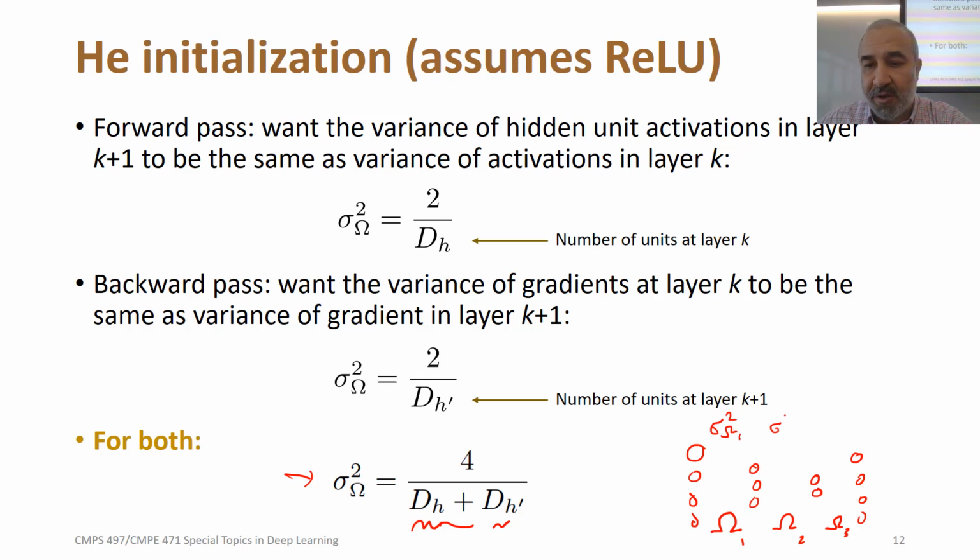How to set sigma square of omega 1, sigma square of omega 2, and sigma square of omega 3. Okay. Yeah, we will be in the same range if we get just the average. This is like a heuristic, okay? Because there are two rules that we want to comply with at the same time, and the two rules might be contradicting. So this is like a middle point.